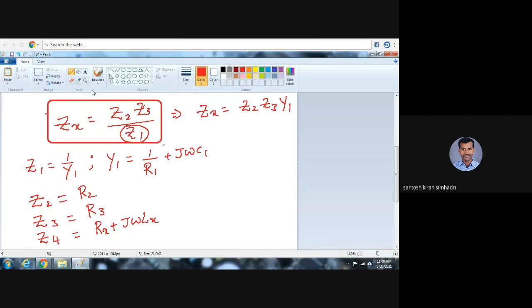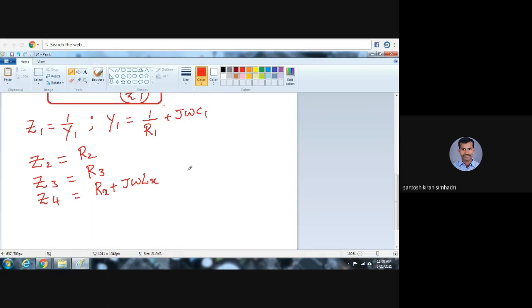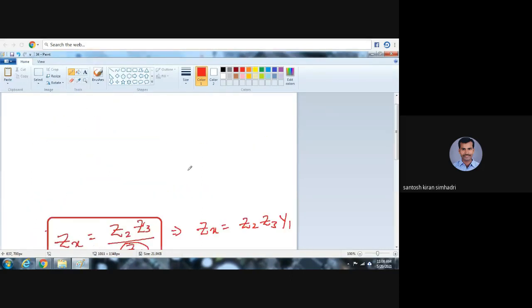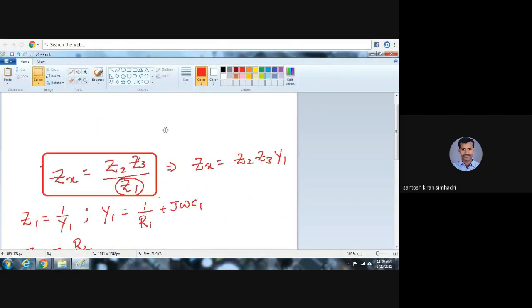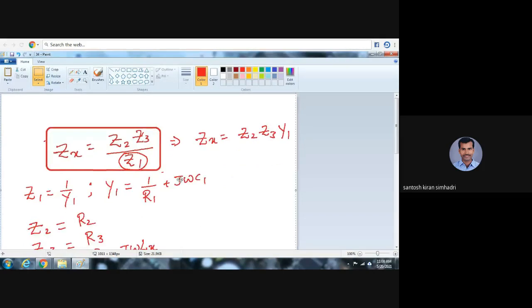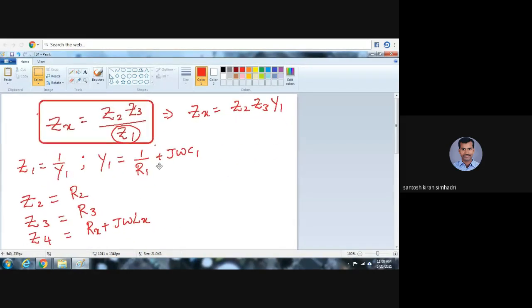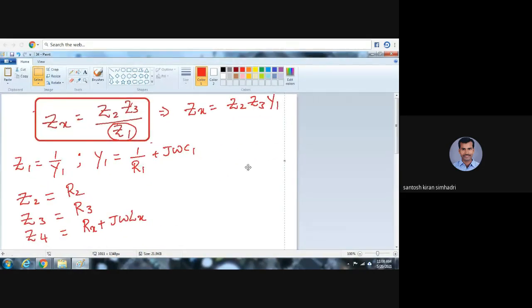So this is the modified expression. Now I will substitute the parameters one by one in this expression. Just give me some time. Better I apply all the parameters one by one. Just remember all these expressions.